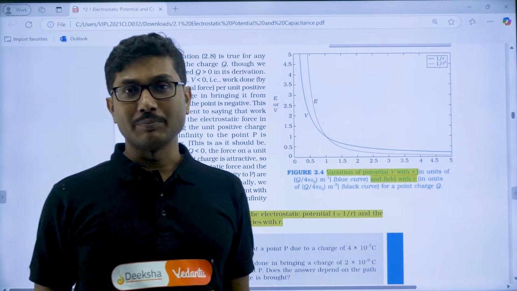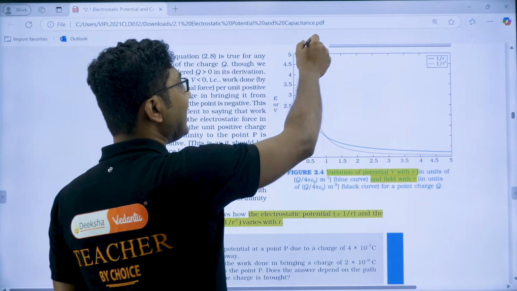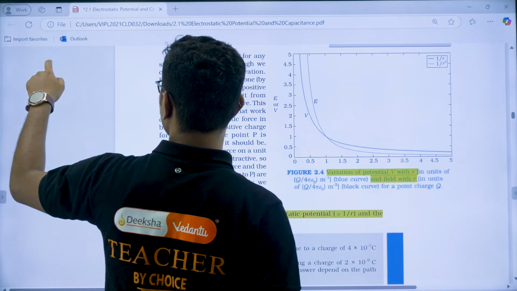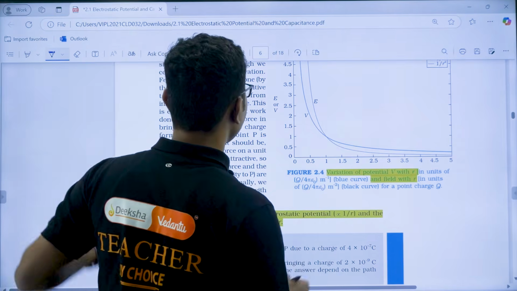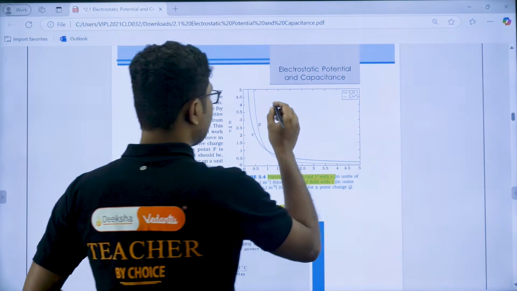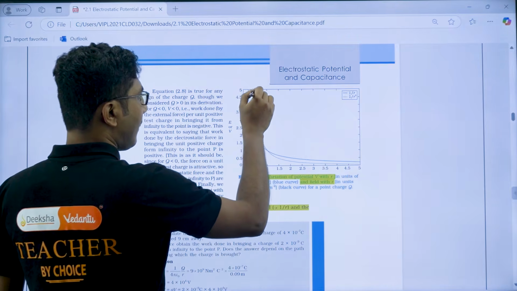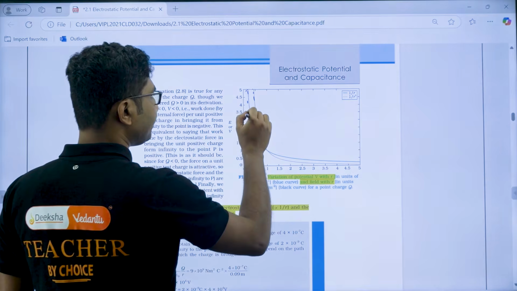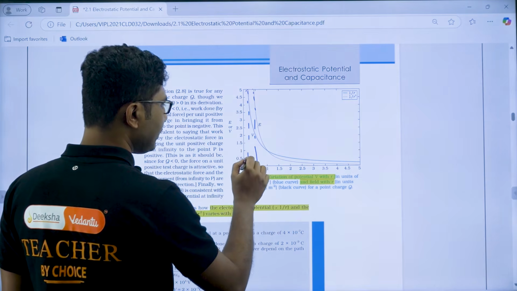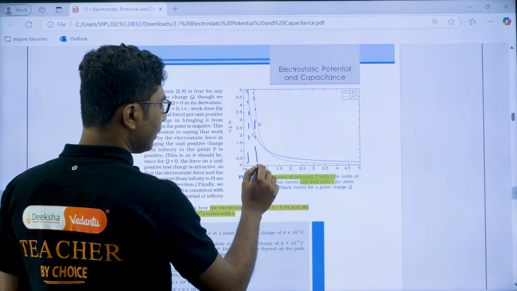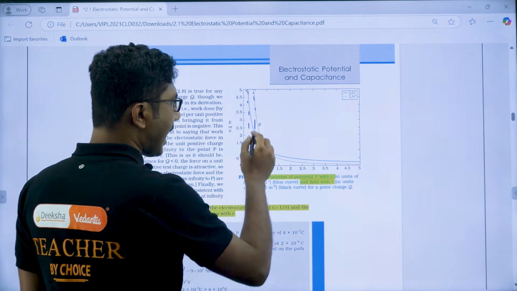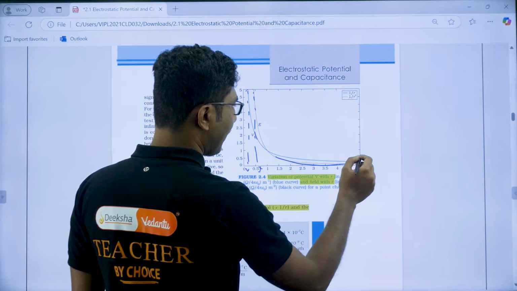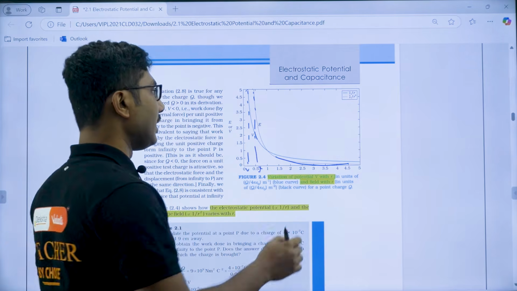This graph is important, the nature of this graph. As you can see, the initial value of the electric field is very high compared to the electric potential. Electric field starts somewhere here with a higher value, whereas potential has a lower value. This is potential V, this is electric field E, but as r increases, the electric field goes to 0 more rapidly compared to the electric potential.